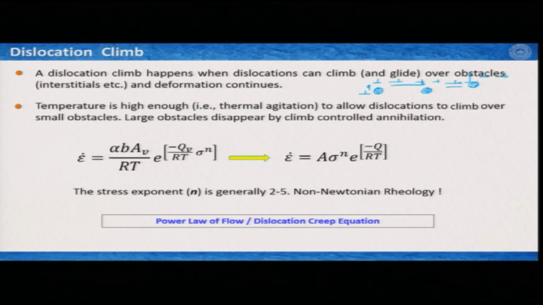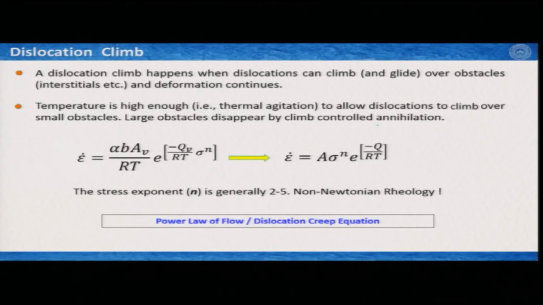So, it has enough energy to continue the movement of the dislocations. It requires, as we have understood, a good amount of temperature, high enough thermal agitation to allow the dislocations to climb over small obstacles, and of course, the large obstacles can disappear by climb controlled annihilation.